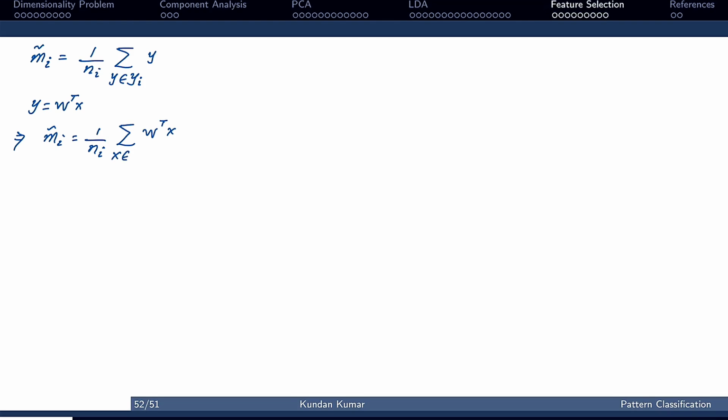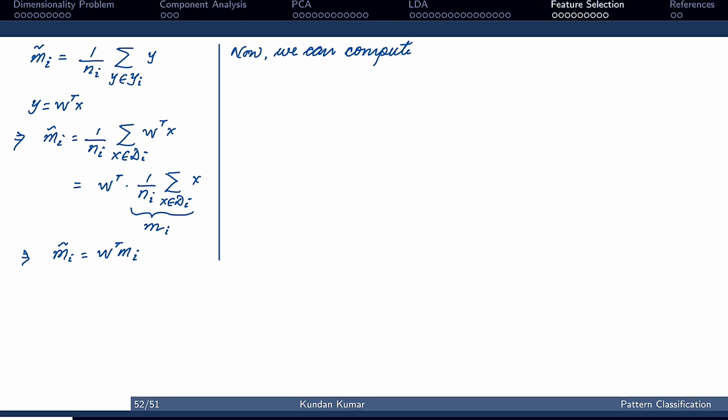So now x is all the samples from set Di. So now we can write w transpose into 1 by ni and rest of the term. So this is basically mi. So now we have mi tilde is basically w transpose mi.